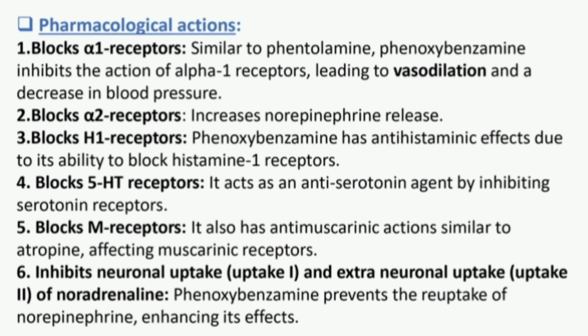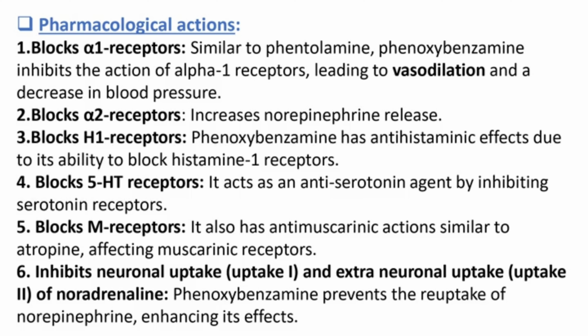Next one is it blocks H1 receptors. Phenoxybenzamine has antihistaminic effects also due to its ability to block histamine H1 receptors. Okay, and it also blocks the 5-HT receptors. That means it acts as an anti-serotonin agent by inhibiting the serotonin receptors, and it also blocks the muscarinic receptors.